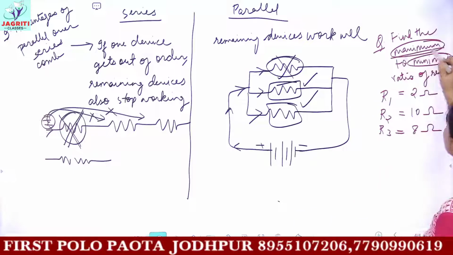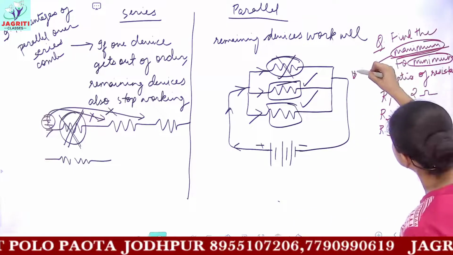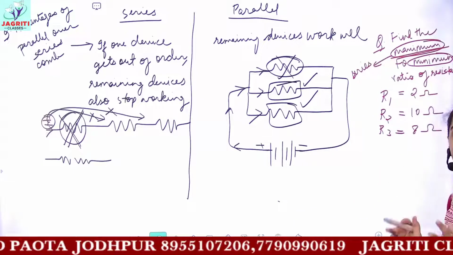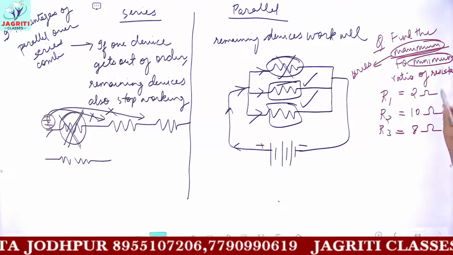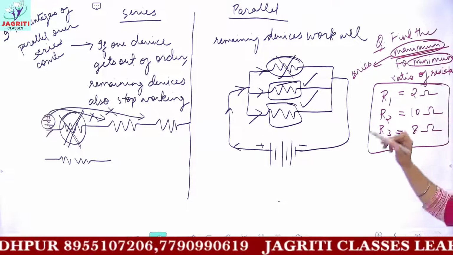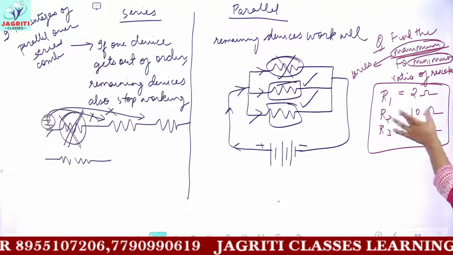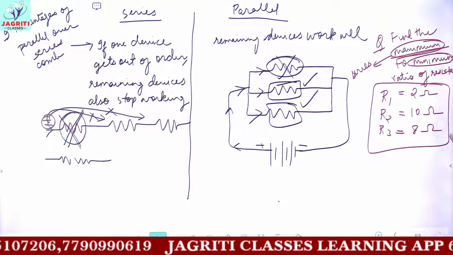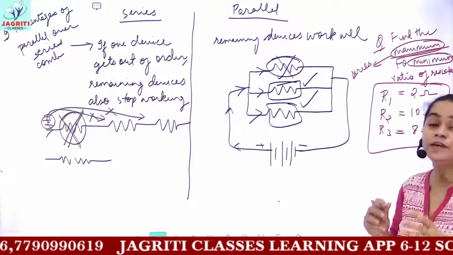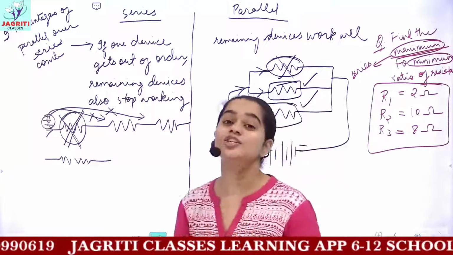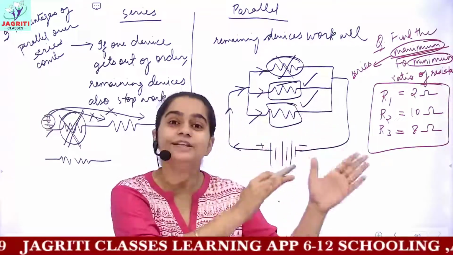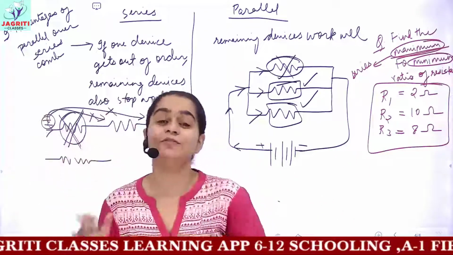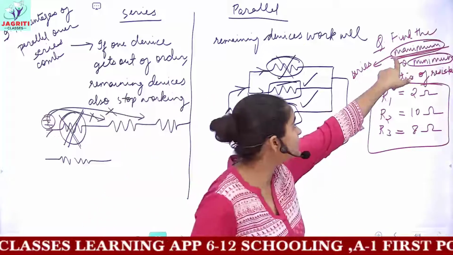So maximum always refers to the series combination. Remember this, whenever you get such questions, that is 3 resistors are present, each having a different value of resistance, and you are told to find the ratio of maximum effective resistance and minimum effective resistance, here maximum means series.